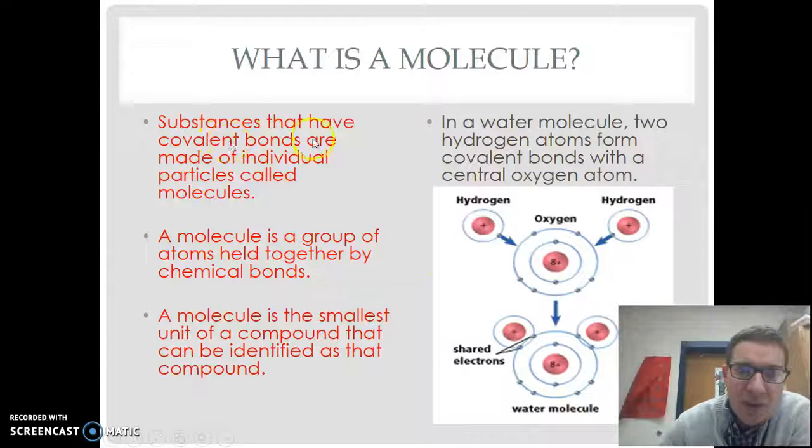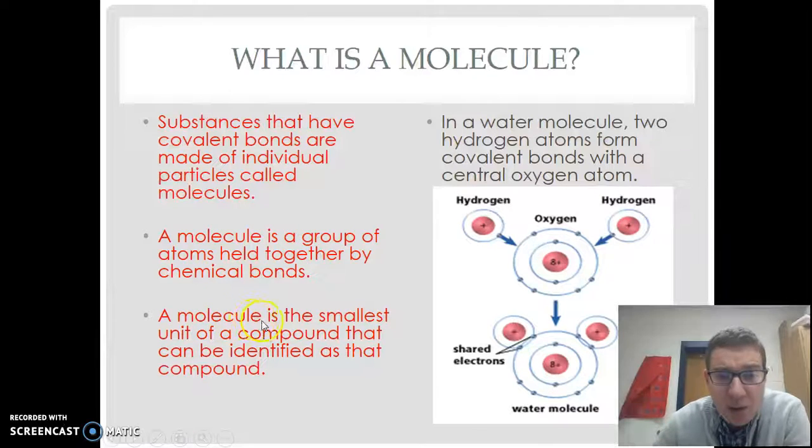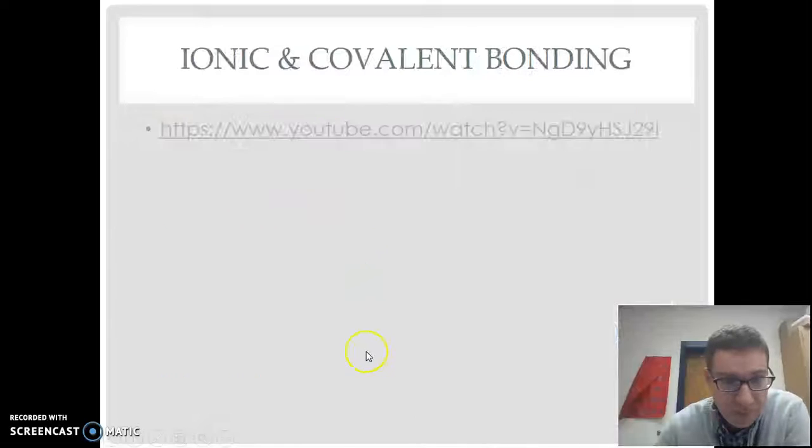So substances with covalent bonds are made of individual particles called molecules. A molecule is a group of atoms held together by chemical bonds. Right? A molecule is the smallest unit of a compound that can still be identified as that compound. That means if you tear off one of these hydrogens, it would no longer be water. Okay? It needs to have two hydrogens and one oxygen.